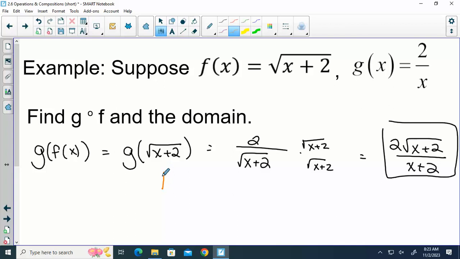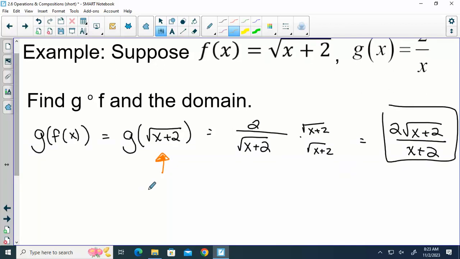Domains. Let's look at the original inside piece. If we have a radical, what do we know? So x is greater than or equal to negative 2. Final answer, this one we actually have the radical again, but we already found that piece. We also have a fraction, so we know that x can't be negative 2.